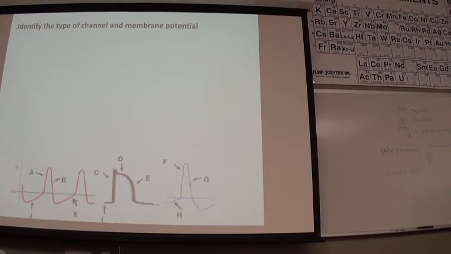We have different types of membrane potentials, all right? So identify what type of channel and membrane potential do we have at A? Action potential with the fast acting calcium. Depolarization. So we have a long-lasting fast voltage gated channel, okay?